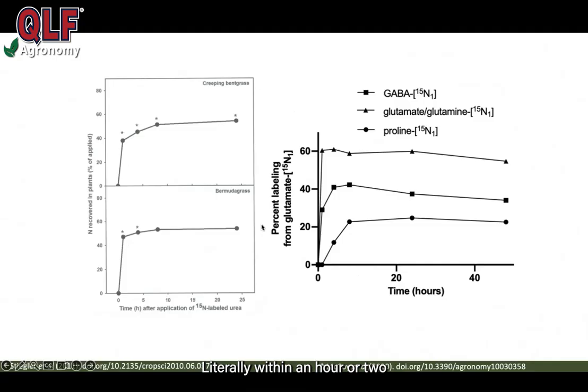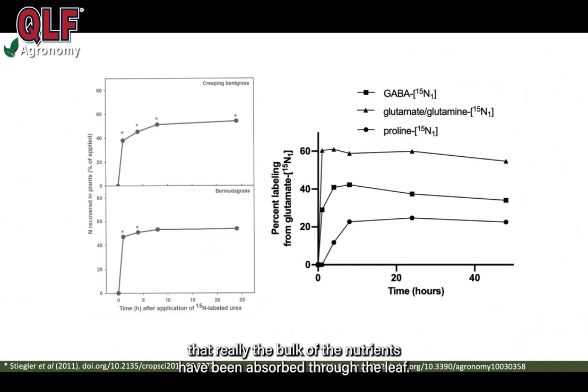Literally within an hour or two, we have the uptake of those amino acids. So, look now, nitrogen, these two forms of nutrients are particularly fast at being taken up. Some of the other nutrients are not necessarily as quick, but pretty much within a 24-hour period, the bulk of the nutrients have been absorbed through the leaf.